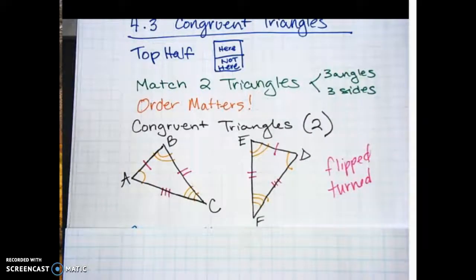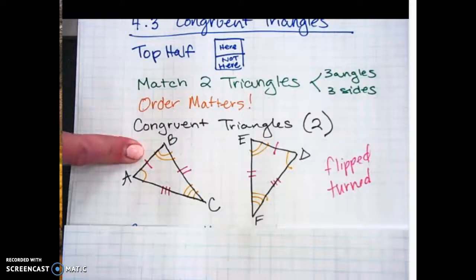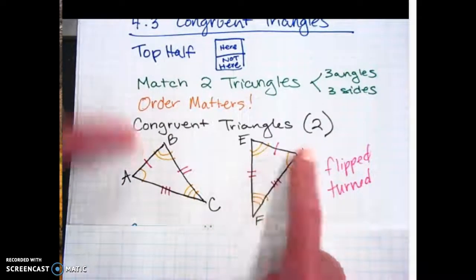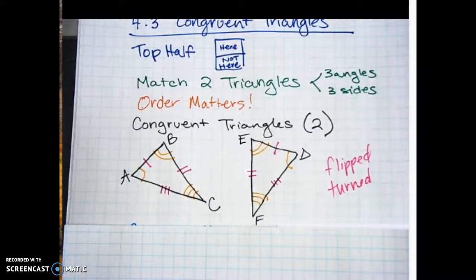Then on the sides, you're going to see what's called tick marks. So side AB has a tick mark and side DE has a single tick mark. That means those 2 sides are congruent to each other. It's good to point out with these 2 triangles that they are not facing the same direction.